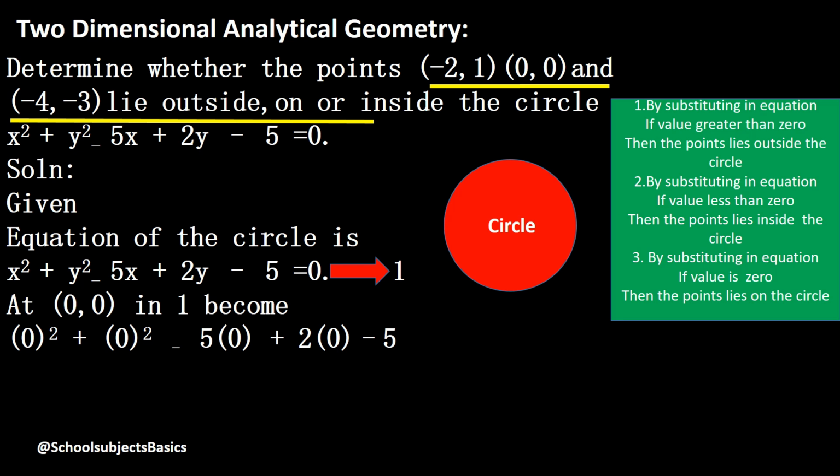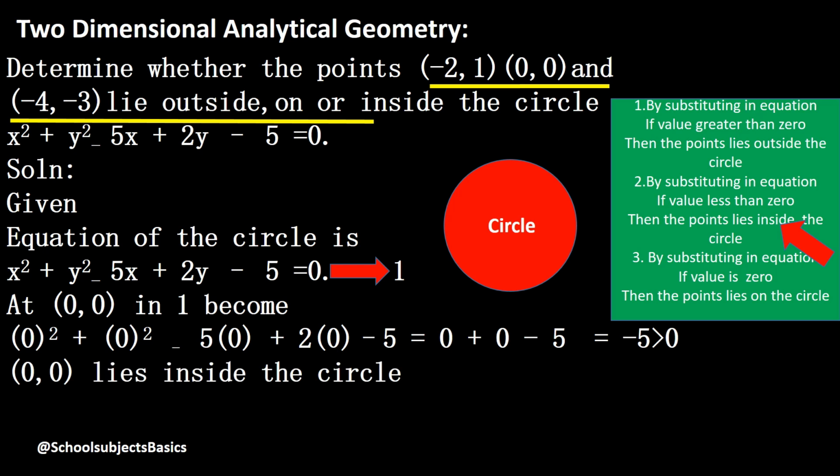Then we get the answer as 0 minus 5. So here the value is -5, a negative value. If the value is less than 0, then the point lies inside the circle. Since it is negative, (0, 0) lies inside the circle.